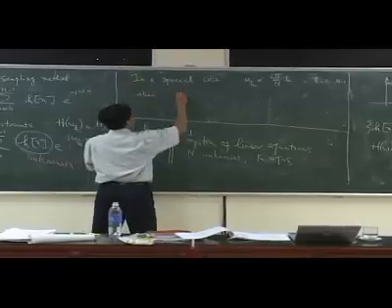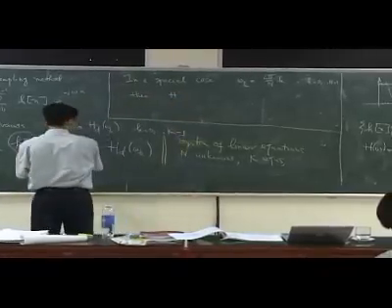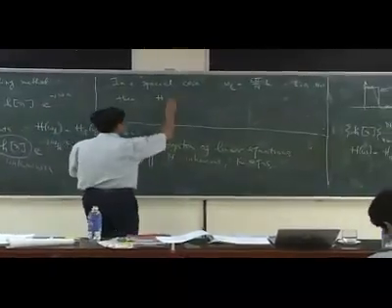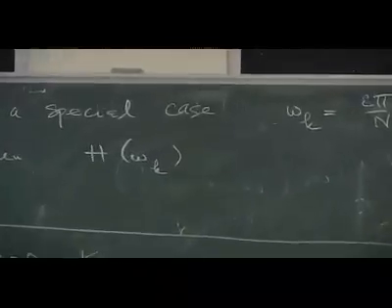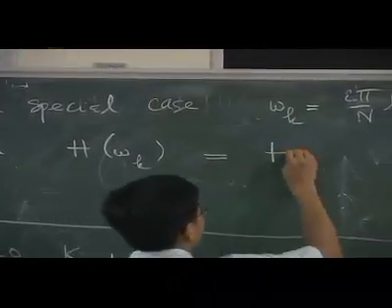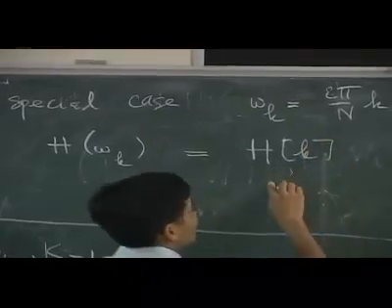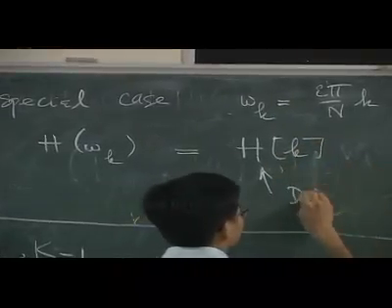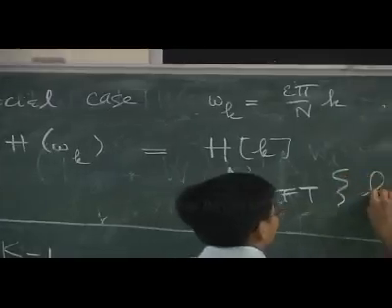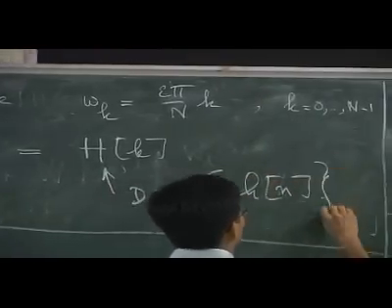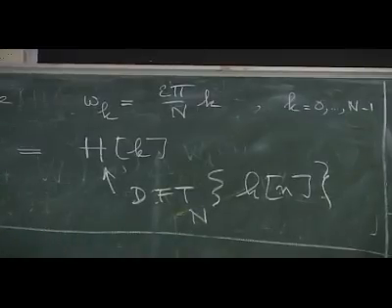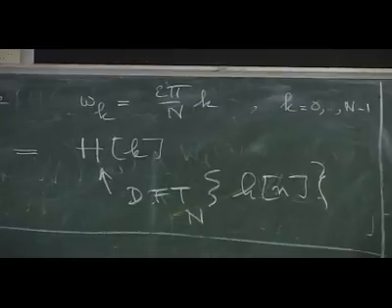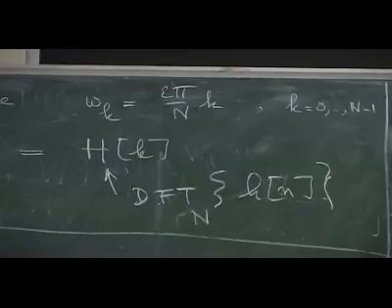So the H of omega k is simply equal to H of k, and this thing here is the DFT of h of n, taking the DFT of h of n. That is H of omega k.